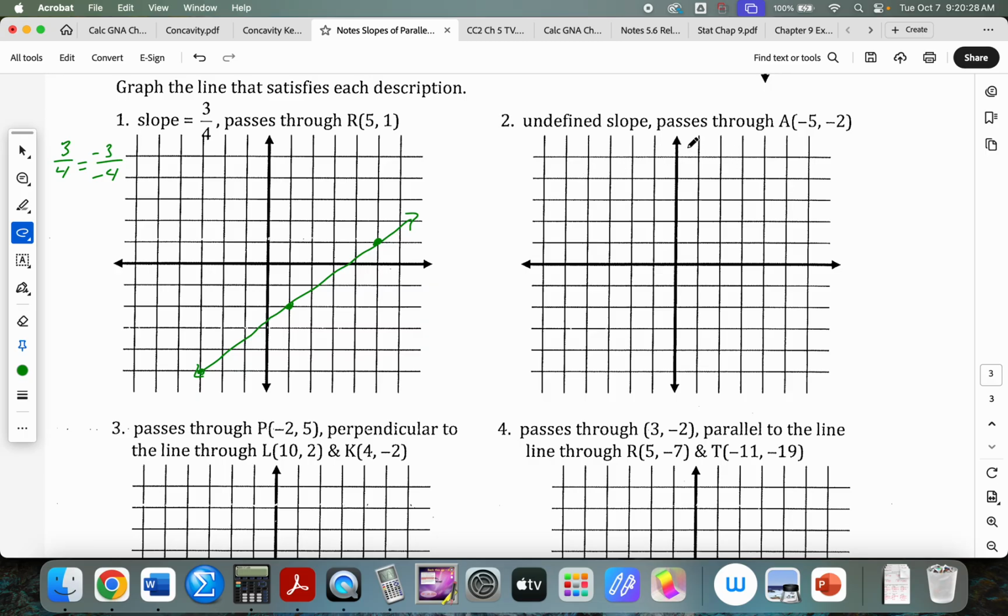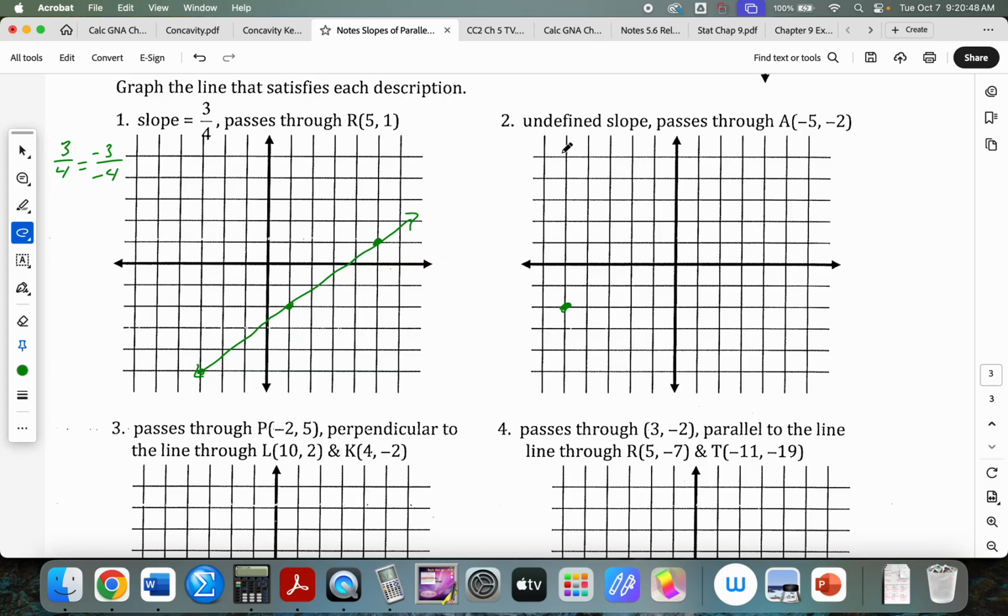All right, for this next one, we want to have an undefined slope, and we want it to pass through the point -5, -2. So here's -5, -2. And a line with an undefined slope is straight down. Yeah, what's the word for that?